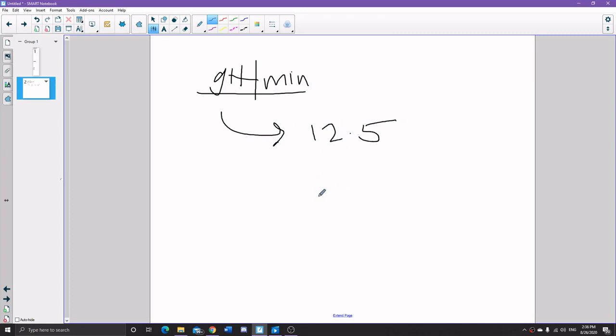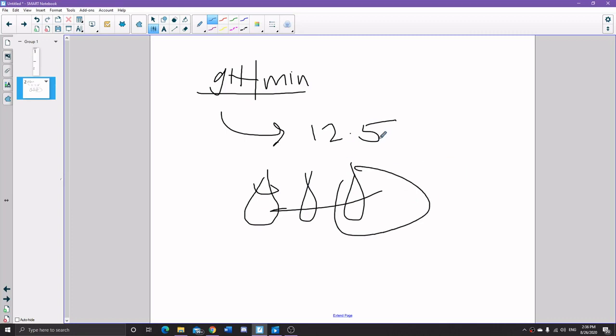Do you know why? Because when you have drops, you can't have half a drop or a third of a drop. It's a drop, okay? So you're gonna have to round this according to this number. So this would be 13. If it was 12.4, it would be 12. Okay? Just wanted to clarify that.